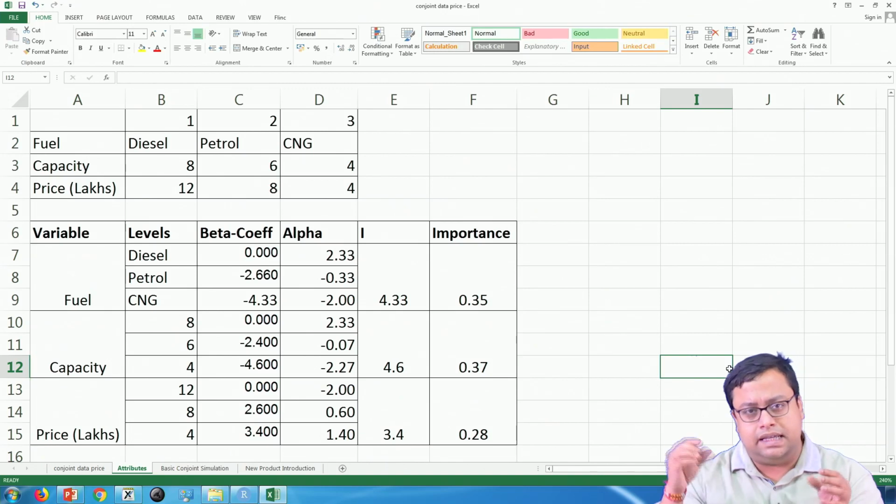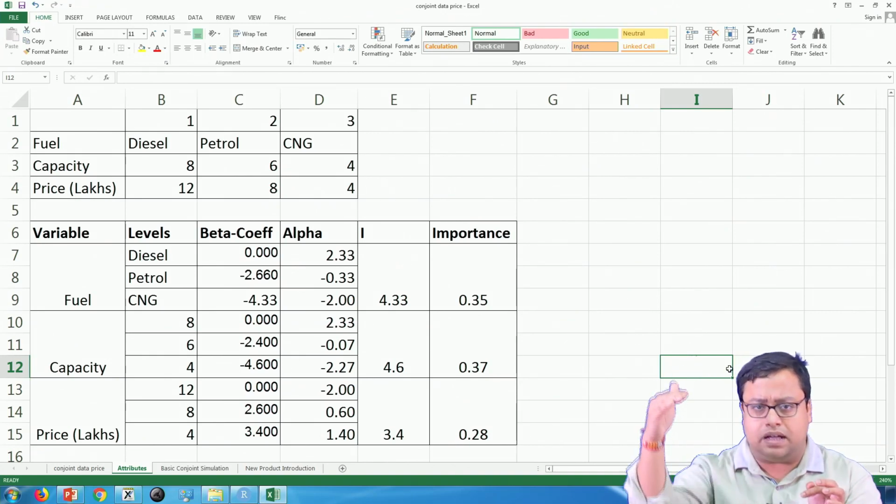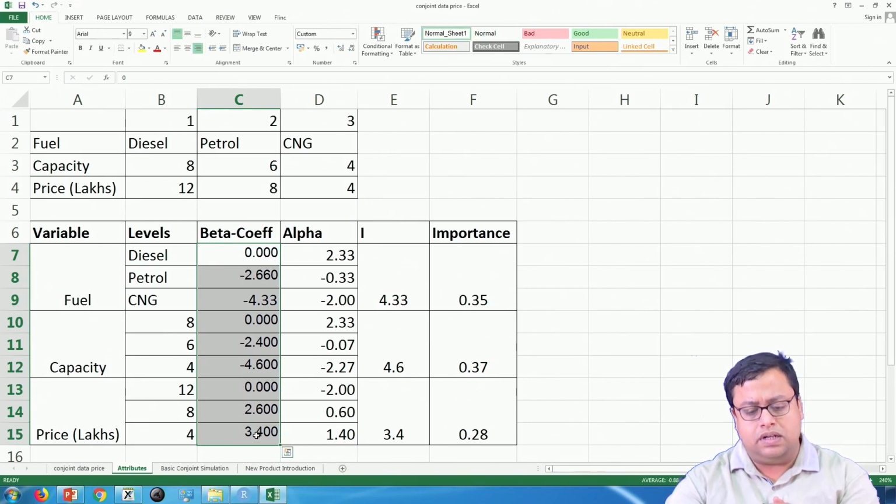For example, you will see that if you do something wrong in fuel, the change of preference is 4.3. So, 0 is the upper limit, minus 4.3 is the lower limit. Some people actually try to change all of these beta coefficients in such a way that each attribute is of a similar level.